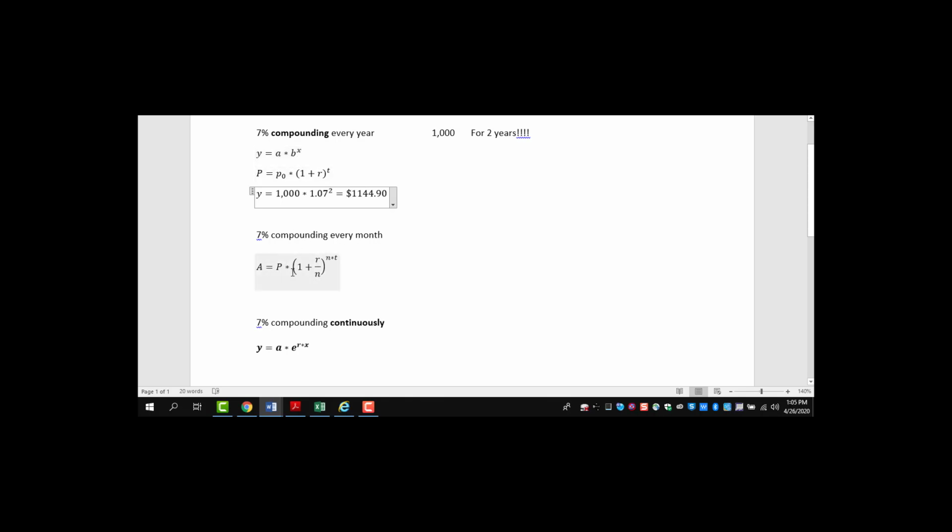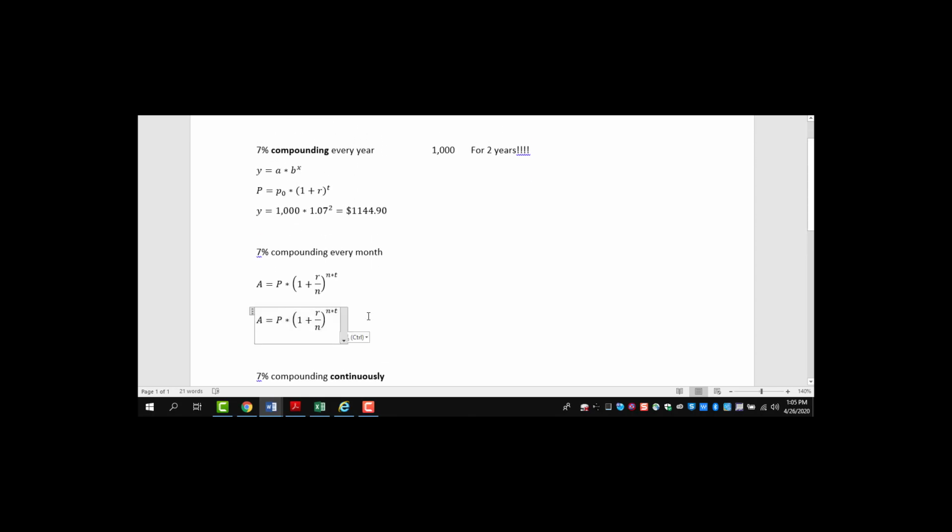This one is used for money. This is a little different. What this is doing is taking 7% and compounding it every month, okay? Not every year, every month. So watch how I fill this in. Now, you're not responsible for this, and if you would be, I'd give you the formula. Don't worry about it. I'm just showing something as we move from compounding yearly to compounding monthly to compounding continuously.